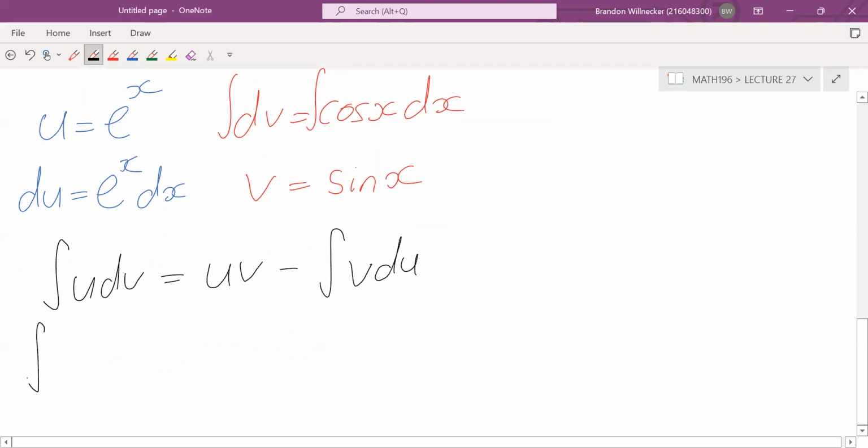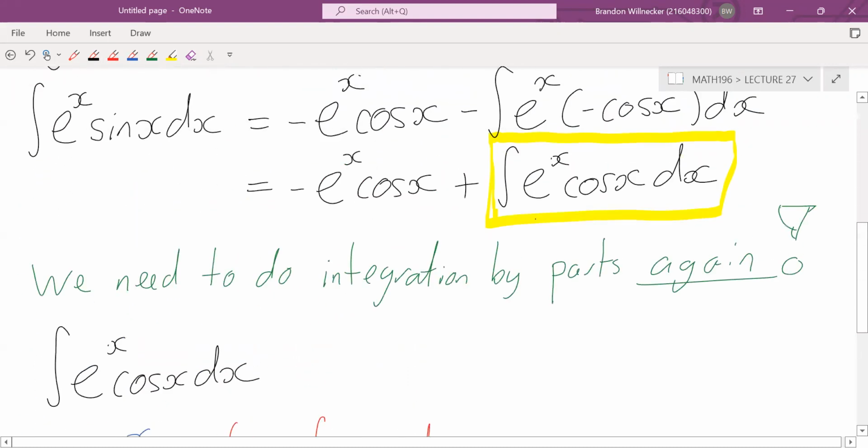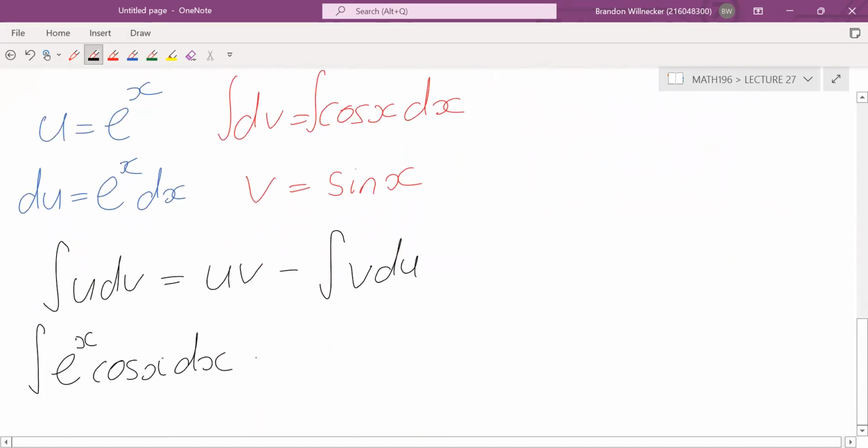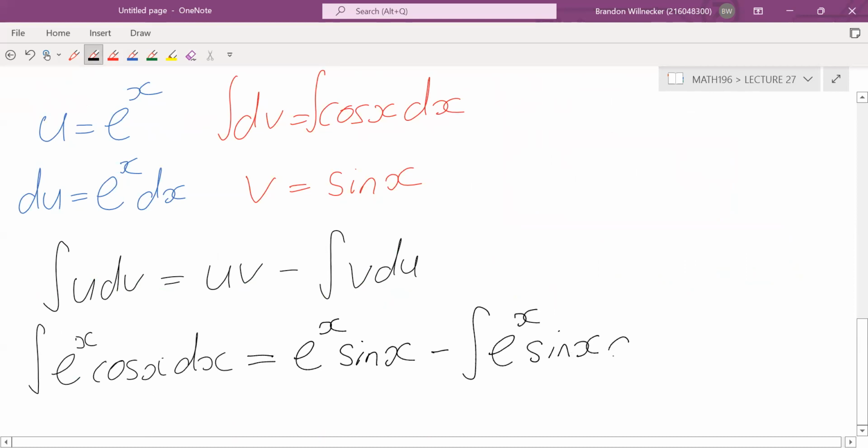So this gives us the integral of e to the x cos x dx, which is what we want to find, that's this over here, is equal to u times v, so e to the x sine x, minus the integral of e to the x sine x dx.